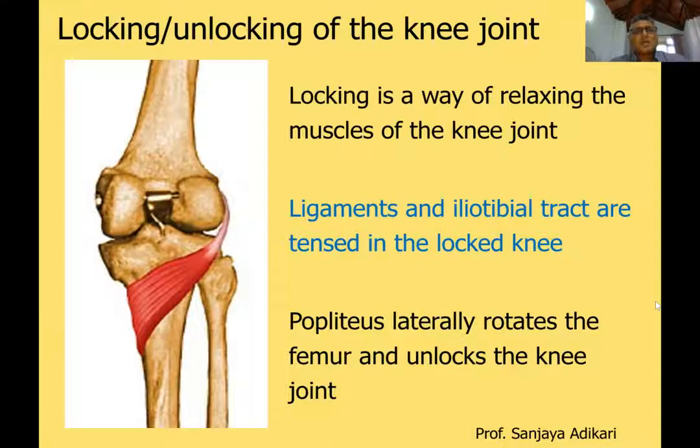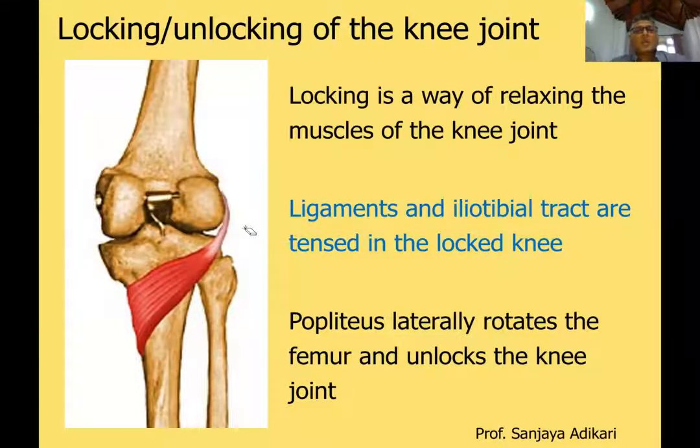Femur tends to medially rotate on the tibia, and the ligaments of the knee joint, the medial ligament, lateral ligament, oblique popliteal ligament, patellar ligament, all these ligaments, their directions are such that when the femur rotates medially on the tibia, all the ligaments get taut, they get tightened up, and as I said before, the center of gravity passes in front of the knee joint, iliotibial tract gets tensed, and the knee joint is said to be in the locked position. Okay, once it is locked, then you cannot flex it before unlocking.